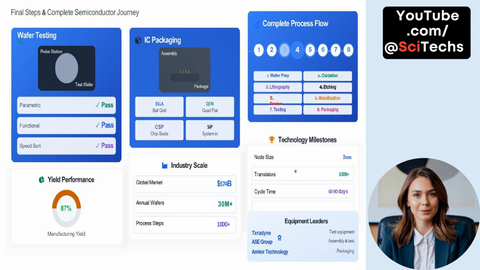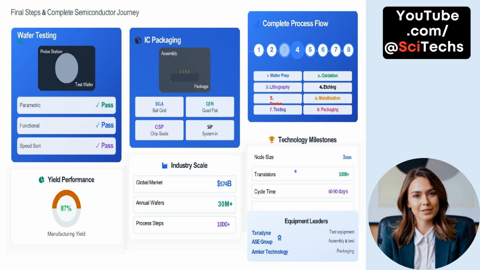Final steps and complete semiconductor journey. The final phase of semiconductor manufacturing involves wafer testing, IC packaging, and comprehensive process flow completion. Wafer testing includes 3 major checks: parametric testing to confirm electrical characteristics, functional testing to ensure correct circuit behavior, and speed sort to classify chips by performance.